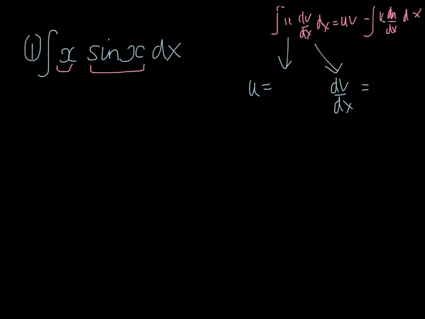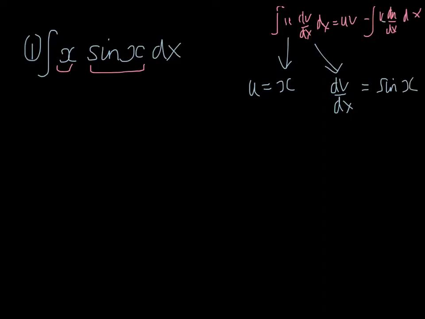You can sometimes just try either way round, but a good thing to do is to think, which of these functions is going to get more simple by differentiating? Rarely do things get more simple by integrating, but they sometimes get more complicated by integrating. So this time we're going to take x as u and sine x as dv by dx.